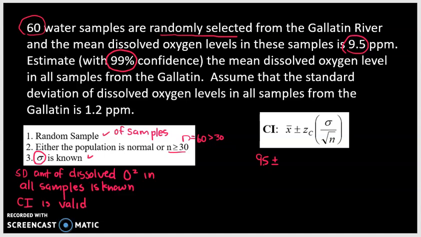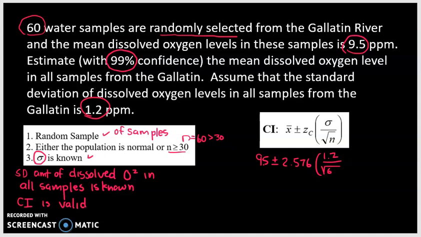For 99% confidence, we know it is 2.576 times sigma, which is given as sigma, the standard deviation of the population, 1.2, over the square root of the sample size.